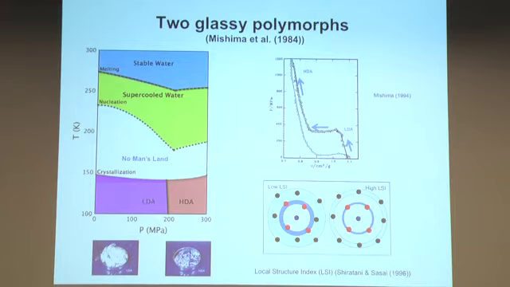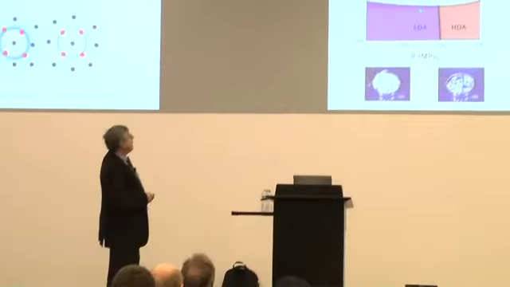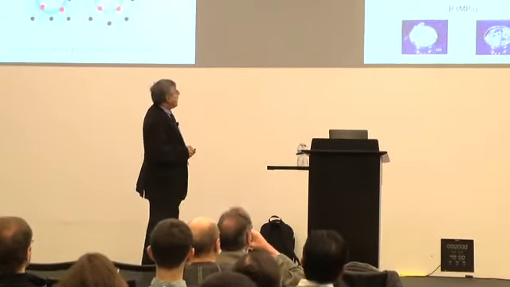Here again, if we raise the temperature in this amorphous ice above a certain temperature, crystallization will occur. So there is this white area here that has been dubbed the no man's land because it is very difficult to access from experiment. Now, let me just focus a moment on these two glassy polymorphs.